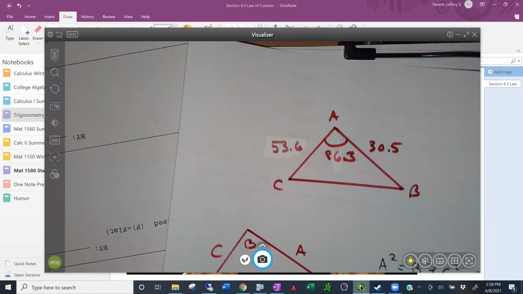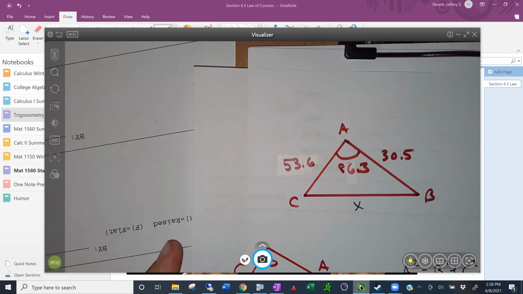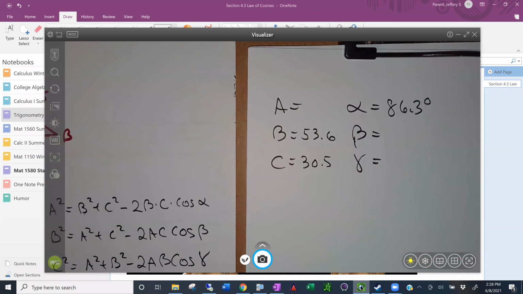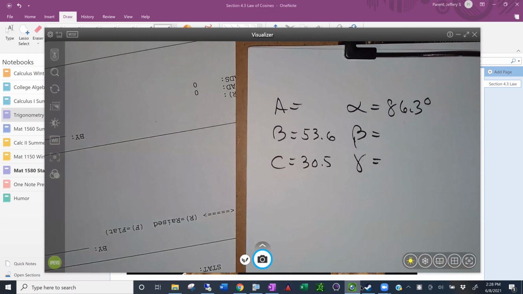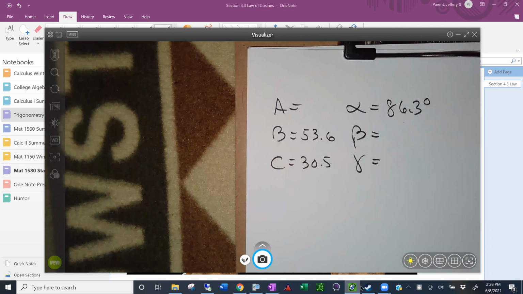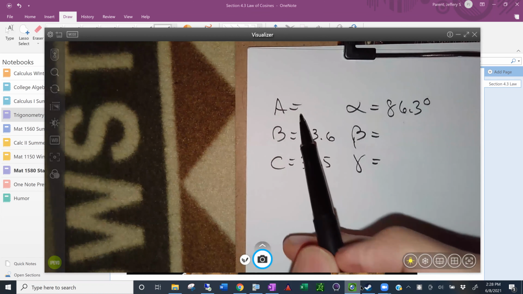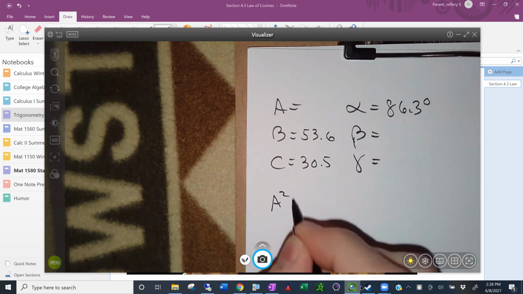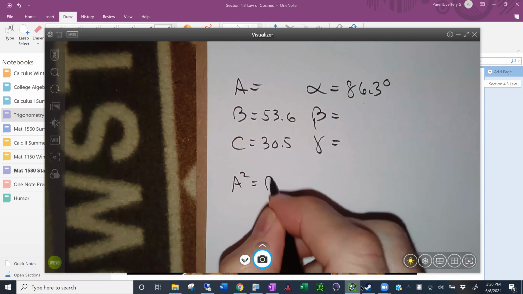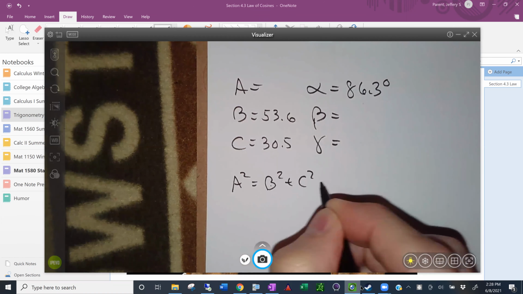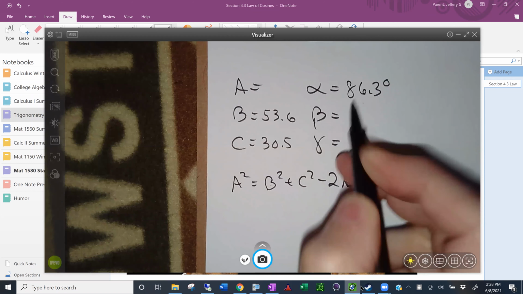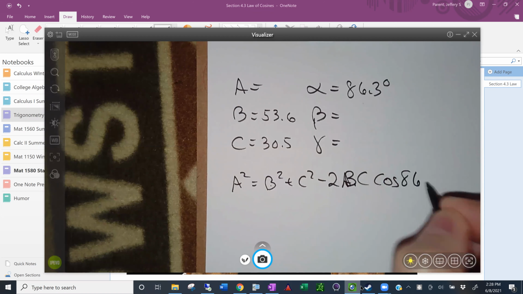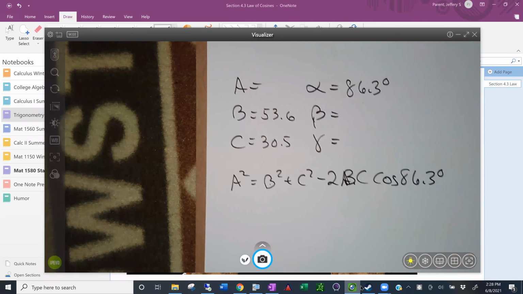If we're interested in the length of this side here, that's the side opposite this angle, so I want to use the form of the law of cosines that involves this side. That would be a squared equals b squared plus c squared minus 2bc cosine of 86.3 degrees.